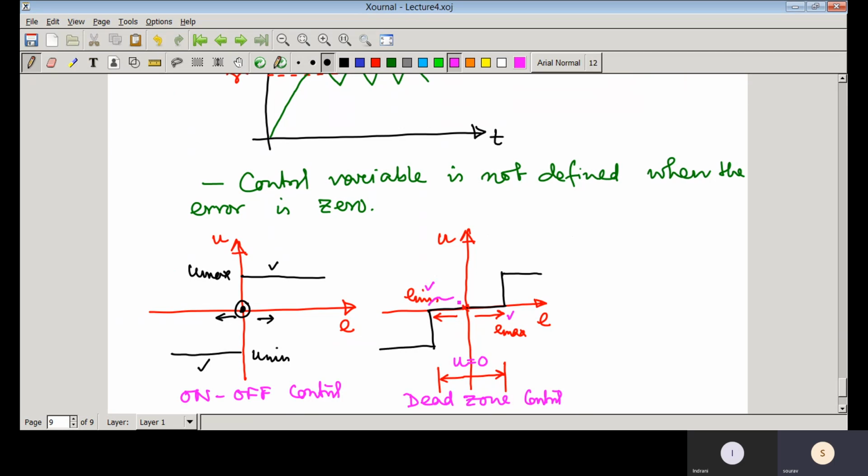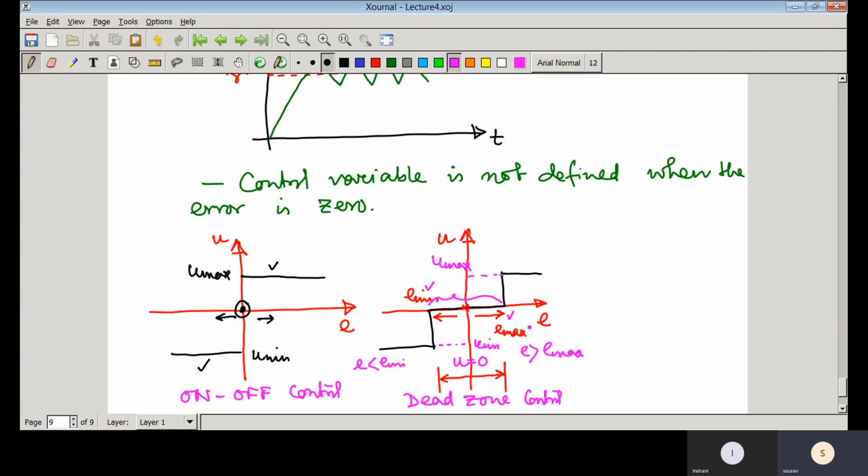So we are allowing some dead zone here where there is no control input, u equals 0, but when error is greater than E max, then immediately we apply u max. Similarly, when error is less than E min, then we apply u min.